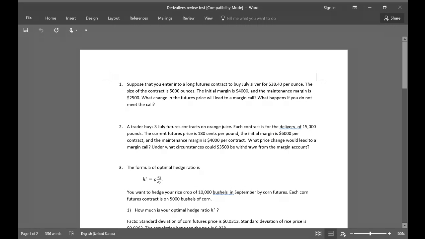So let's do 300 times exponential of 0.07, because it's 0.03 plus 0.04, times 0.75. That should give you 0.07 times 0.75, exponential, times 300. It's going to give you 316.17.